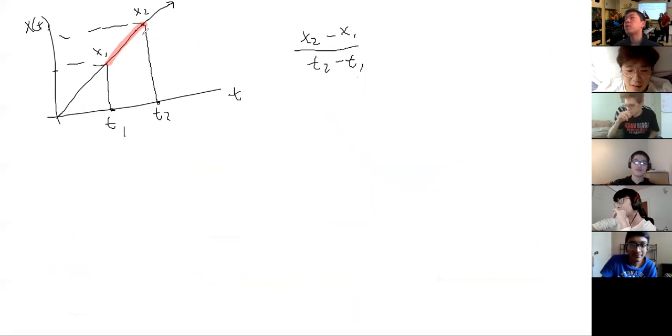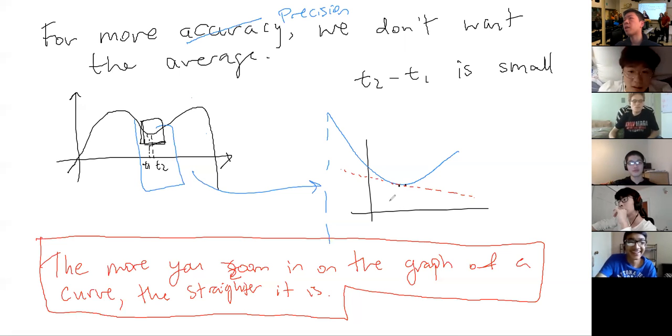Right, so if you have a line representing the x to t relationship, then the slope is representative of the slope everywhere. But if you have a curve, then you have to do the zooming in to actually find the instantaneous velocity at that point.